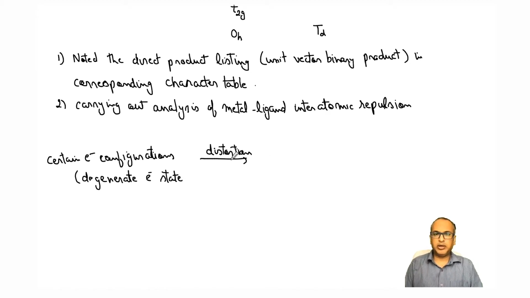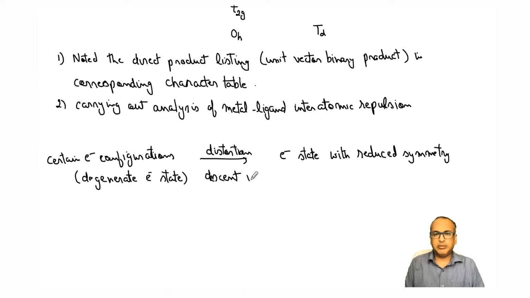So if you undergo change in shape, there would be some sort of reduction in symmetry, right? So you go to an electronic state or electronic configuration with reduced symmetry. You can also call it descent in symmetry, right? Which we have learned earlier. So the process is descent in symmetry.